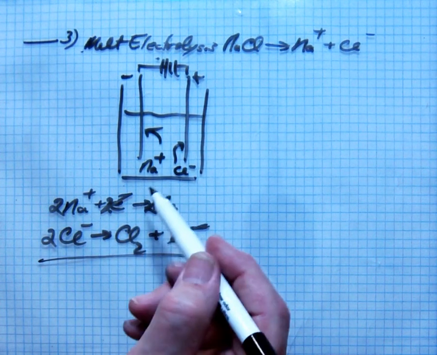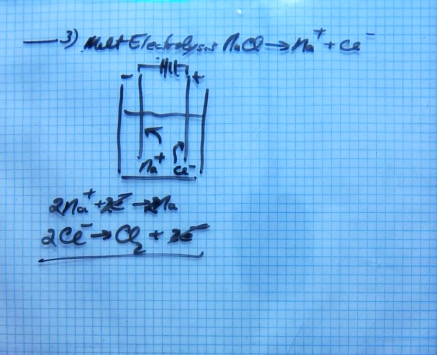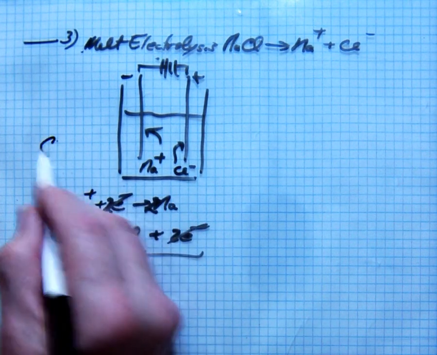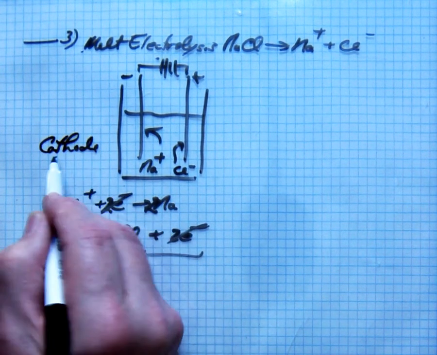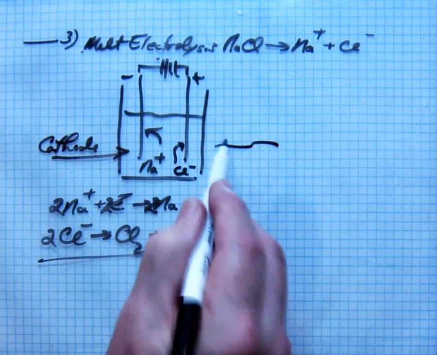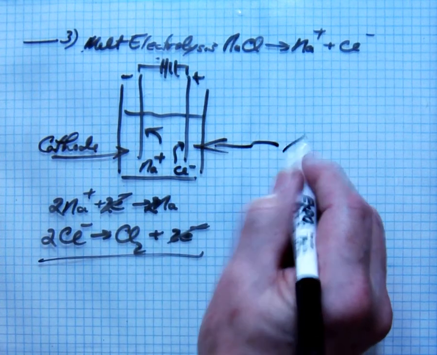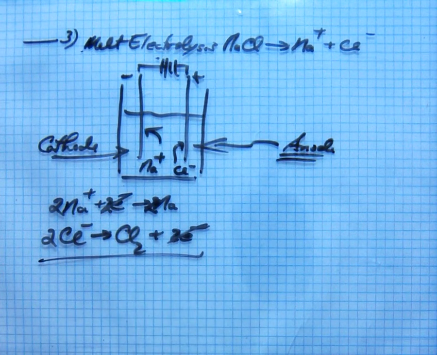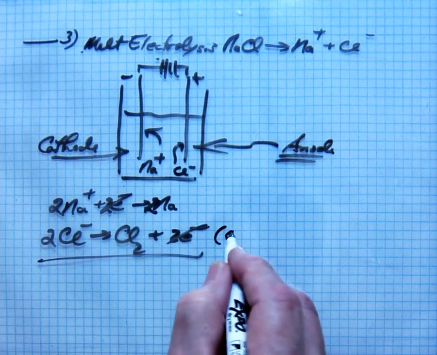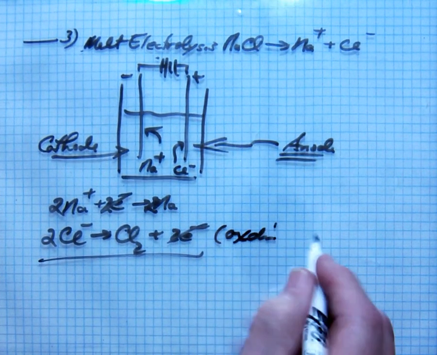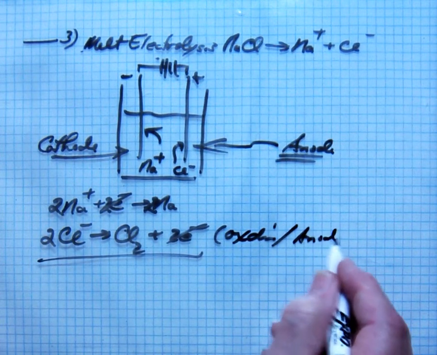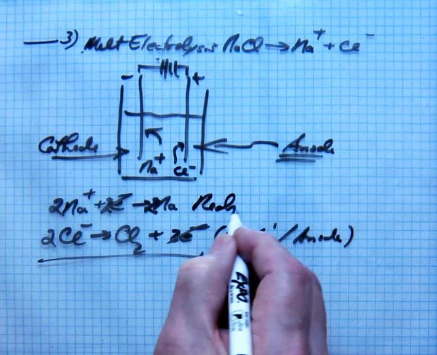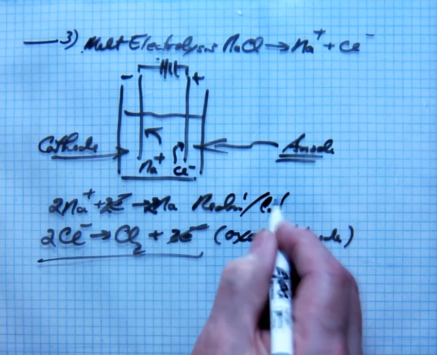And the reduction is the cathode side, as we talked about a moment ago, and the anodic side is the oxidation side. That's for the chloride. So this is oxidation, anode, and reduction, the cathode.